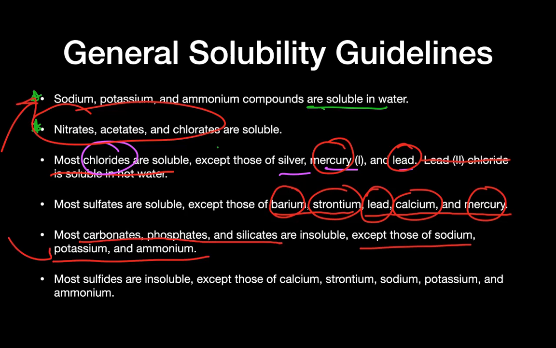And the last one, most sulfides are insoluble except those of calcium, strontium, and then again, rule number 1. And pointing out again the calcium and strontium. So group 2 and sulfides, soluble, and rule number 1.